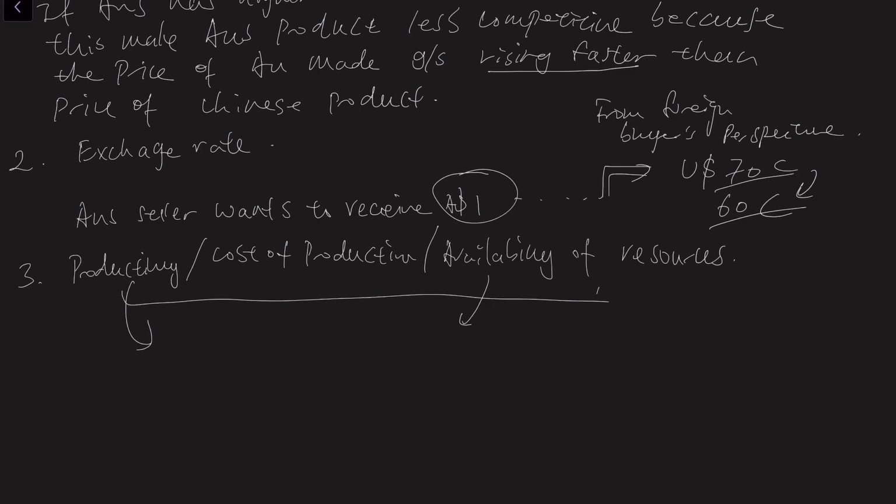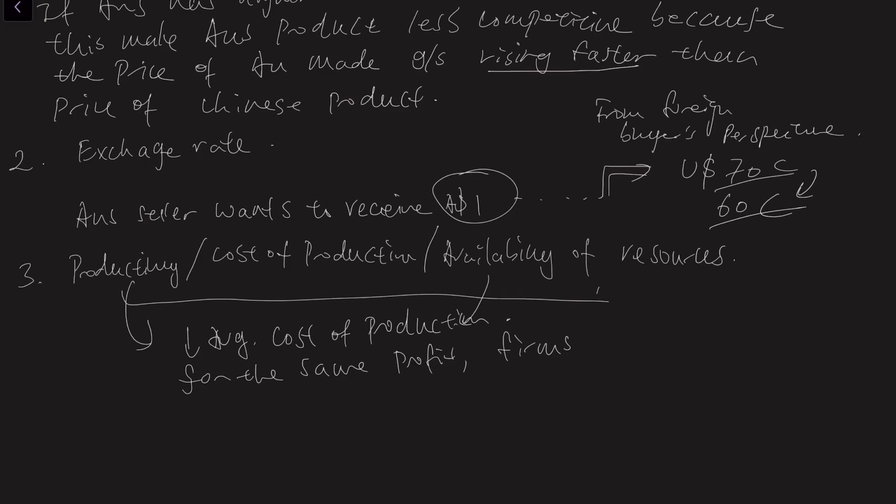So all those decrease the average cost of production. And so for the same profit, firms can sell cheaper.